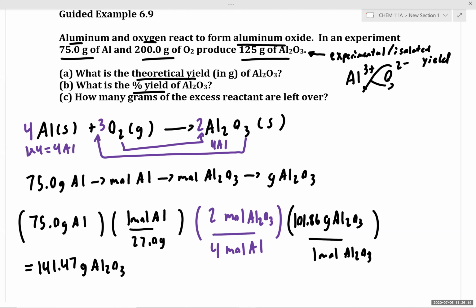This mass of aluminum oxide that we calculate is the theoretical yield. This is the amount that we'd expect if our reaction went to 100% completion and only gave this product. But reactions are not perfect. There are side reactions, you lose material, so the amount that you actually get is always going to be a little bit less than the amount that you'd expect, theoretically.